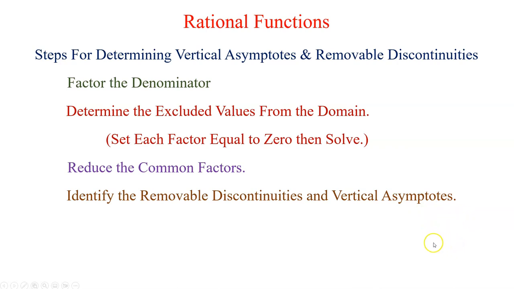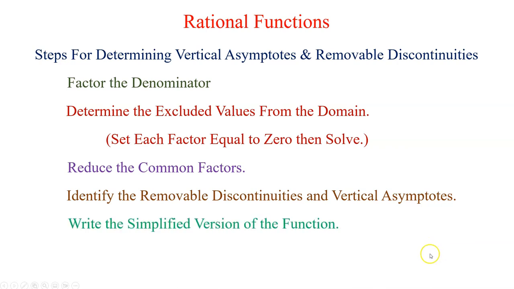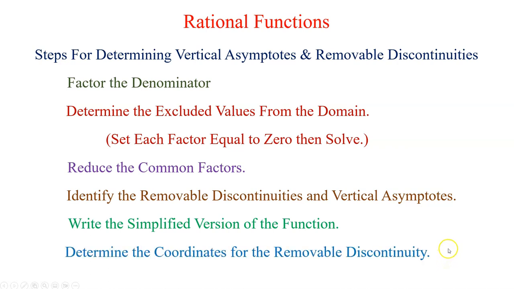Once you've made that determination, the recommendation is to write the simplified version of the function, because that's the version you use to find the coordinates for your removable discontinuity. Then the last step is to determine those coordinates. So hopefully this helps you determine the vertical asymptotes and removable discontinuities for rational functions.